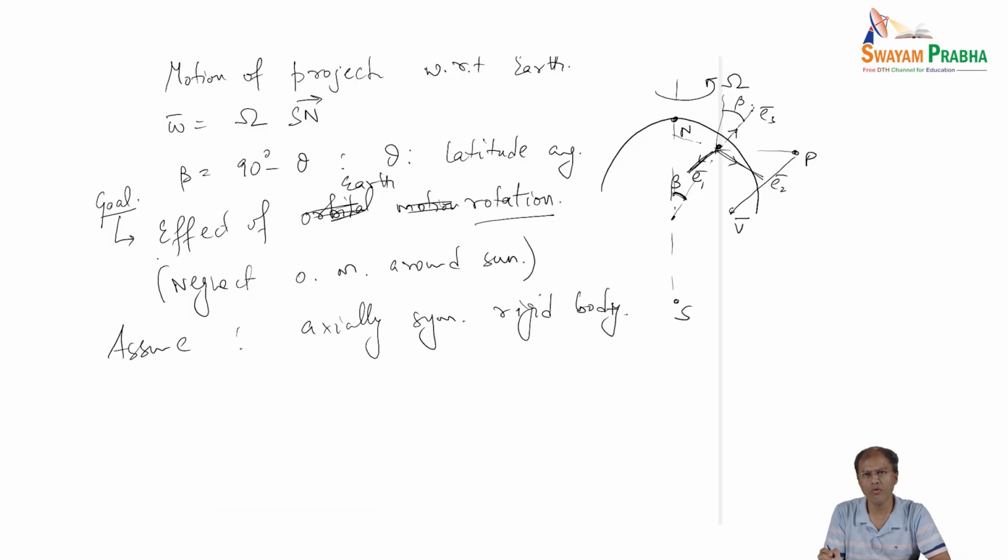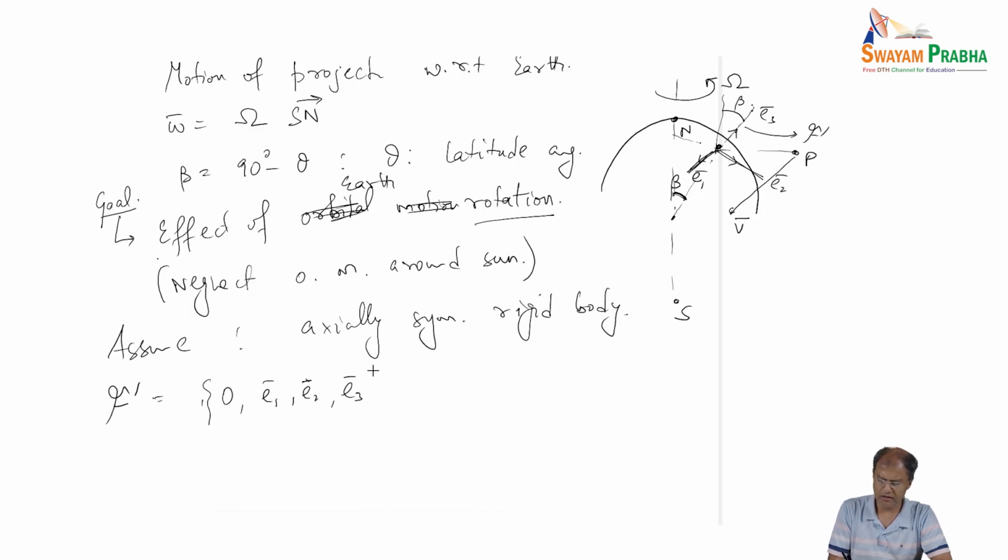We are going to look at this concept in one or two modules later, right? And then let us now denote our frame F prime. This is our frame F prime as our frame O, E1, E2, E3, which is rotating, which is spinning with the earth itself, right?